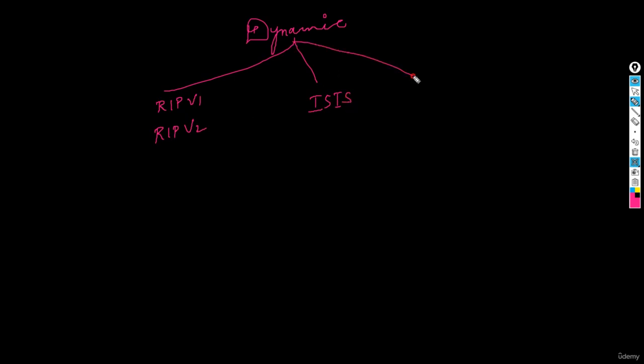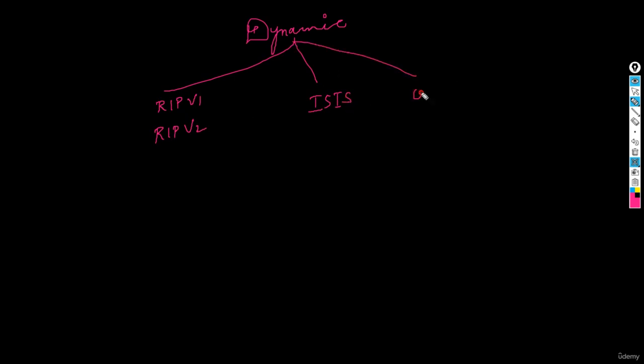So we have different types of dynamic routing protocols. We have RIP version 1, RIP version 2. We have IS-IS, which we don't have in our syllabus.